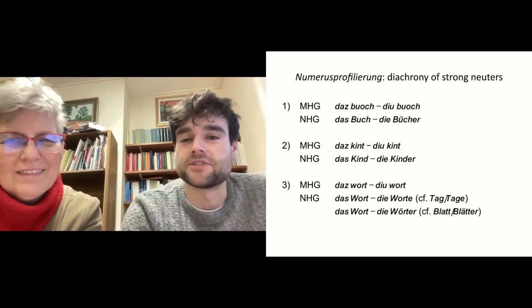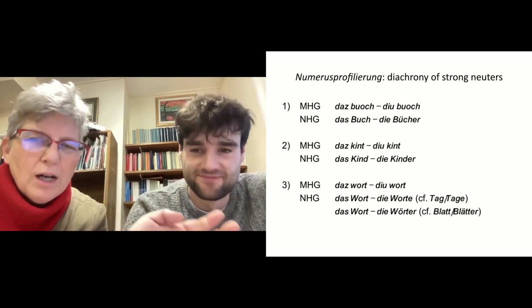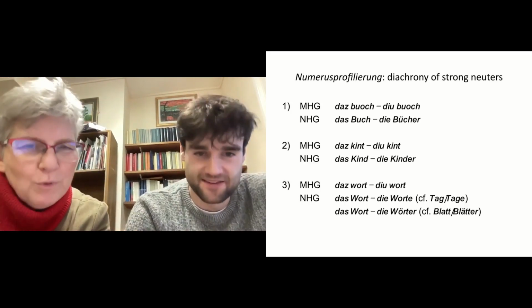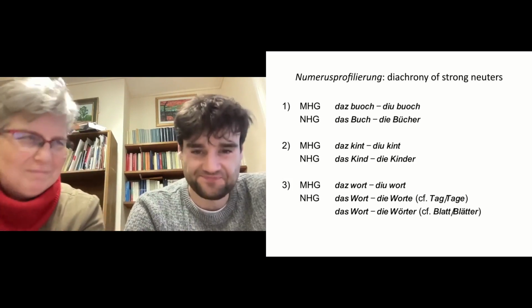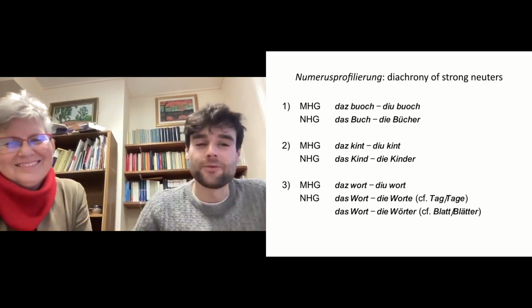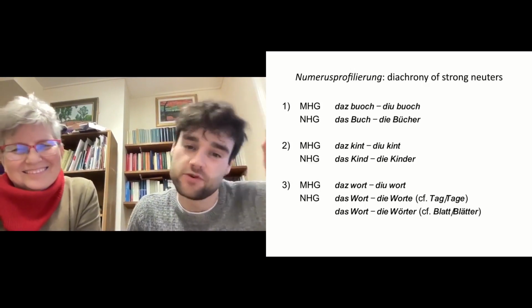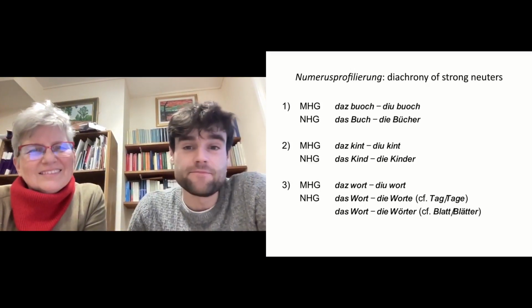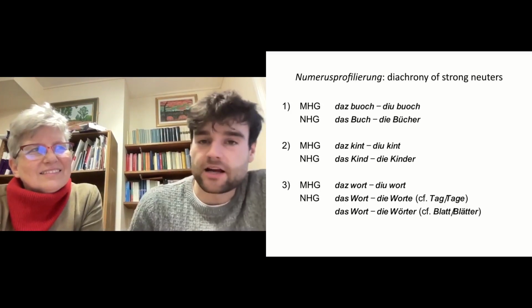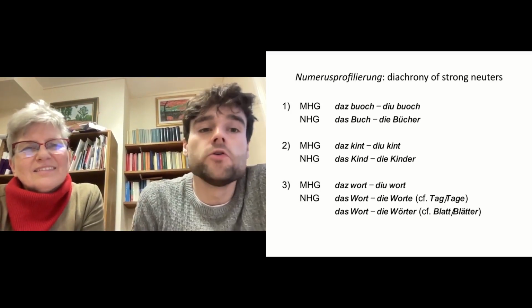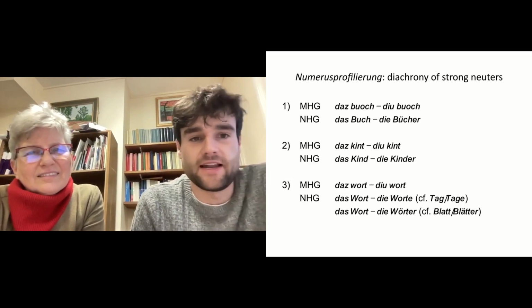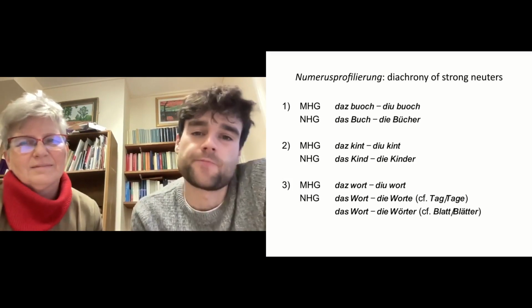Therefore, its plural forms are no longer Buch, Buche, Buchen, Buch, but Bücher, Bücher, Büchern und Bücher. This process also happens in Middle High German neuters with a root vowel that cannot be umlauted, such as Kind. Finally, the morphological development of Middle High German Wort shows that the Hühnerhof-Deklination was not the only source that contributed to the Numerusprofilierung of the Middle High German strong neuters.